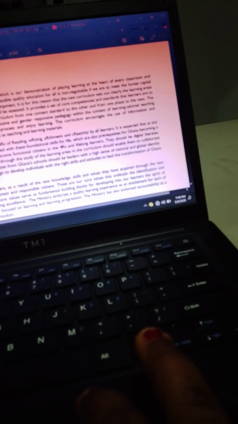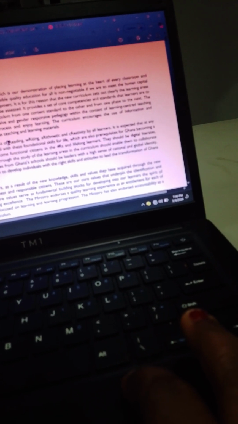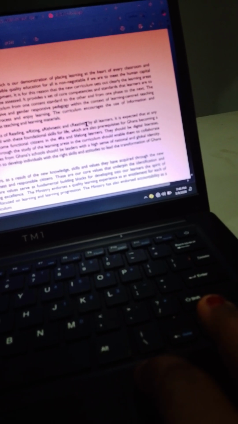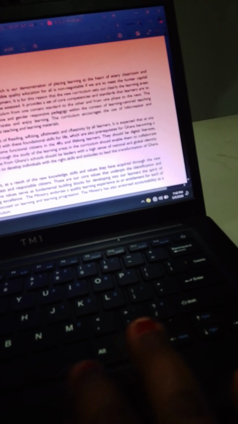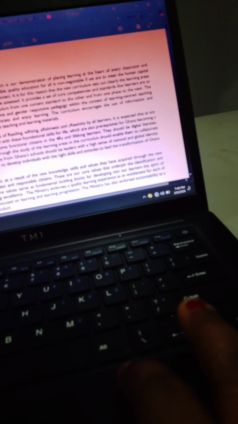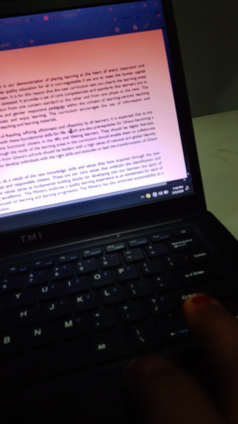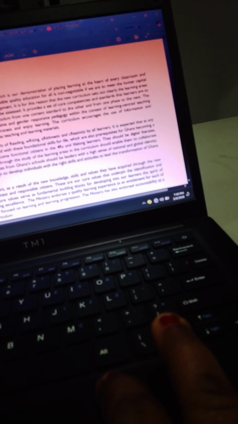The new curriculum has at its heart the acquisition of skills in the 4 R's of reading, writing, arithmetic, and creativity by all learners. It is expected that at any point of exit from a formal education, all learners should be equipped with these fundamental skills for life, which are also prerequisites for Ghana's becoming a learning nation.